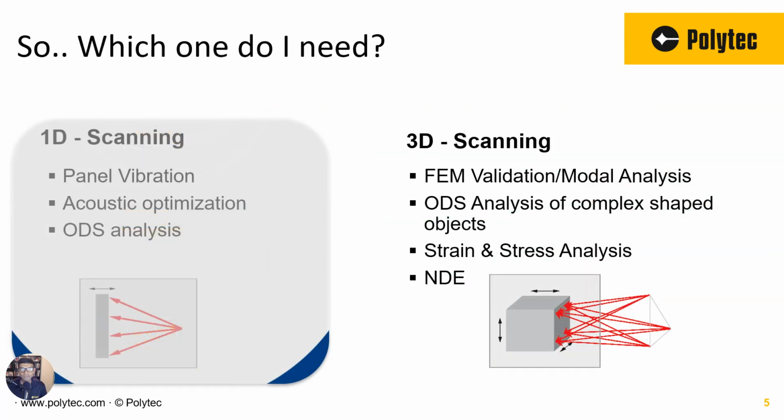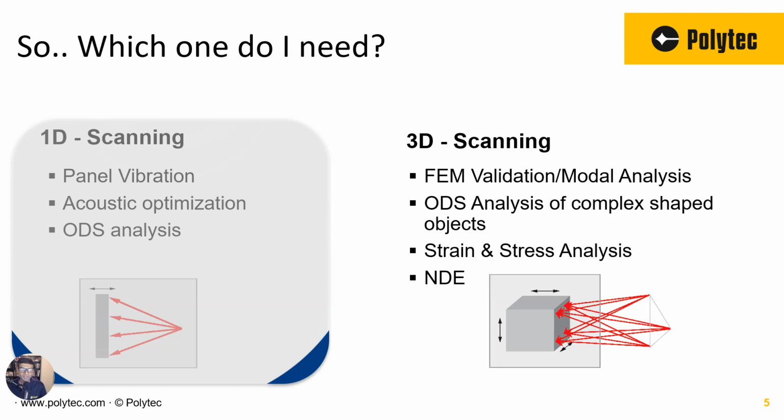So when we look at the fundamentals of it, these are guidelines, not rules or laws. So 1D is usually preferred for simpler structures, panels, or structures where most of the action is happening out of plane, in the Z direction, right?